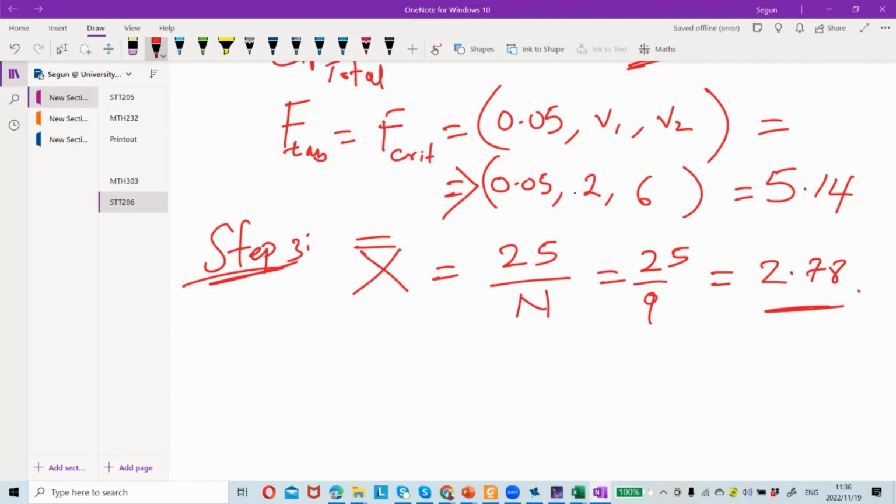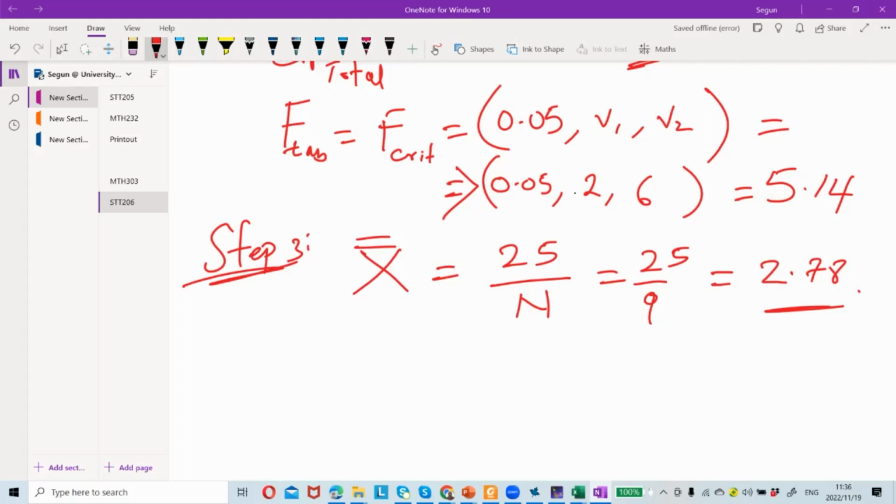Any question? Question, sir. Yes, go ahead. When we did it individually, we will not get 2.78. When we look for the mean individually, we got 2.67 plus 2.67 plus 3.